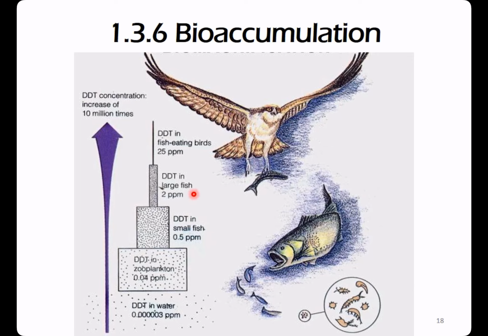A large fish eats small fish, and DDT in large fish reaches 2 ppm. Now DDT in fish-eating birds further accumulates and reaches 25 ppm. So you can see that as you go higher in food chain, the DDT concentration increases about 10 million times. This is very important. Please take note.